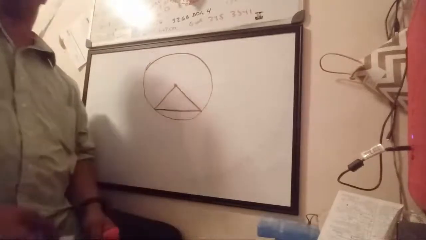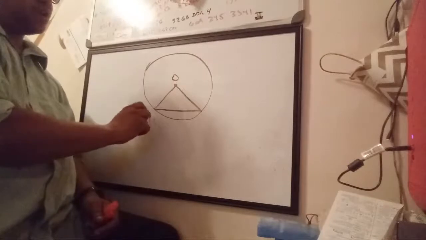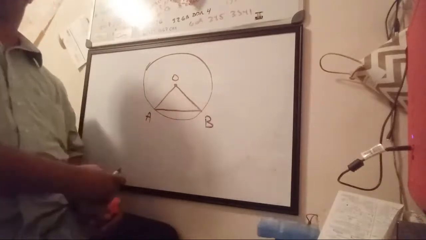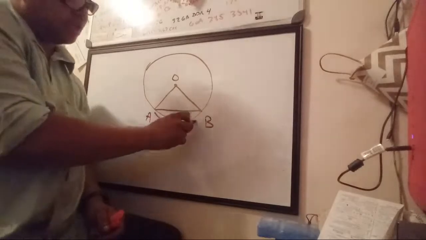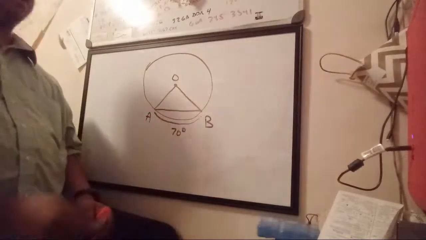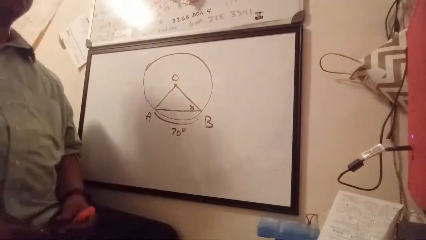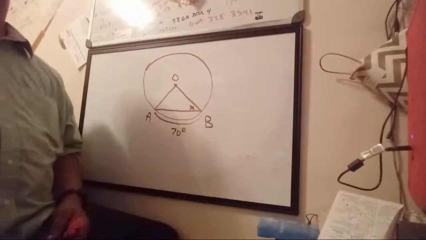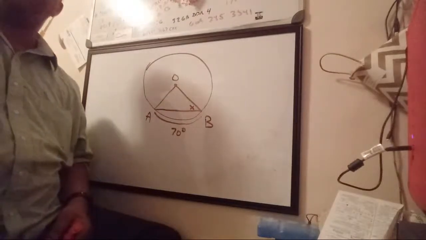There's a triangle. The center of the circle is O, and the tips of the triangle are A and B. They show us that we have an arc of 70 degrees here, and they want to know what angle X is. Our multiple choice answers are 35, 45, 55, 70, and 110.